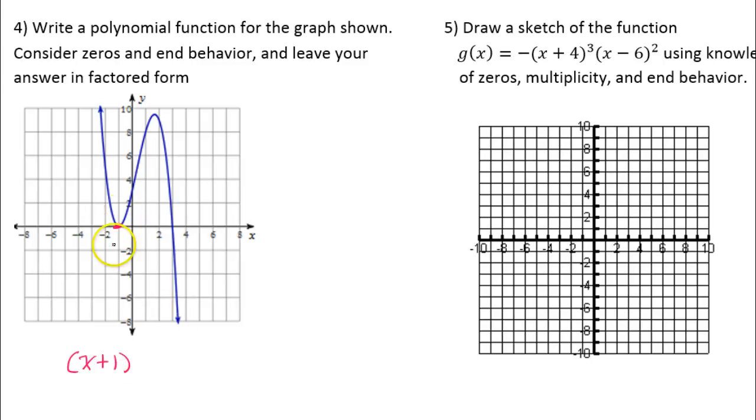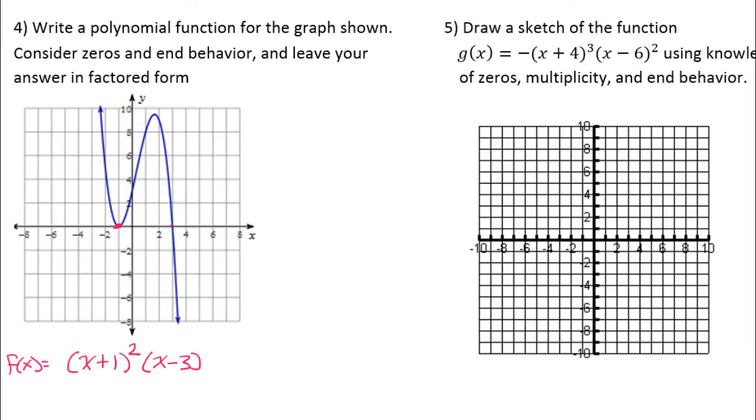Now, the fact that that's a bounce means that this must be a multiplicity 2. Now, the 0 at 3 means we're going to have a factor of x minus 3. And the fact that it goes straight through tells me that it's just going to be a single factor, multiplicity 1. Now, I need to worry about whether or not I need a negative sign in front of this function, because sometimes you do.